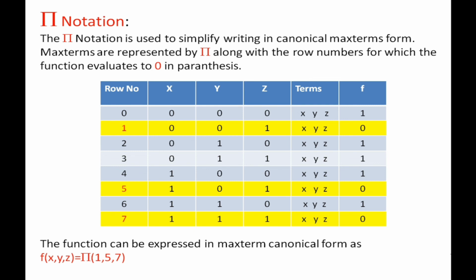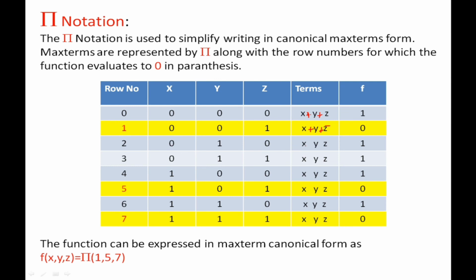So considering the previous example, here 0 0 0, sorry, I forgot to write here: x plus y plus z. Then this is x plus y plus, as we have 1 here, z bar.